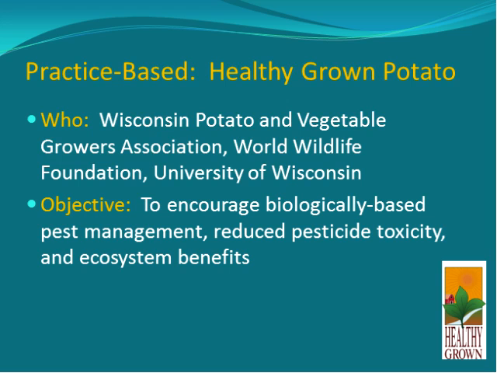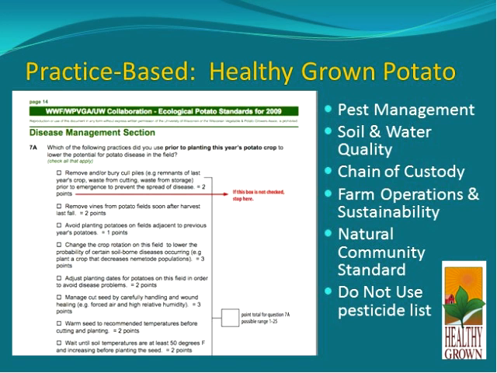And the way that they did this was they used research-based practices. Well, they identified different areas that sort of fit into the sustainability of a potato production system. And then they used research-based practices to encourage farmers to adopt sustainable practices.